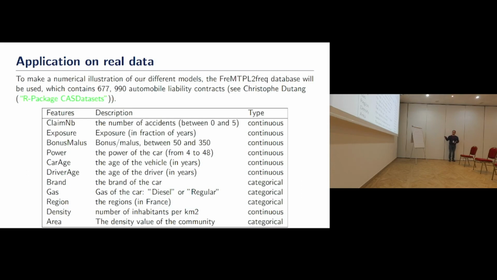If he comes in July and stays to December, the exposure is going to be 0.5 also. And this thing is very important in our model, because having a claim in 6 months and having a claim in 1 year is not the same thing. This variable is a sort of weight in our industry.